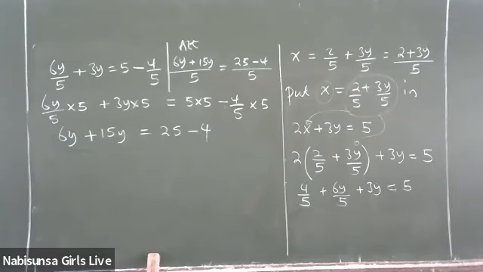Like, let's say on the equation 5x minus 3y equals 5. Can you alter the equations and then you get the same answer as 1?